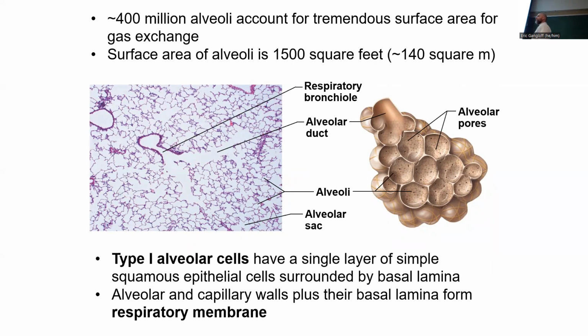Every time you're inhaling air, let's say you're inhaling a couple liters of air, that air is spread out across the surface area the size of a tennis court so that gas exchange can happen efficiently. Of course, as you increase surface area, you increase the efficiency of gas exchange, how quickly gas can be exchanged. So super, super cool to think about this giant surface area, all structured within this small cavity in our chests.